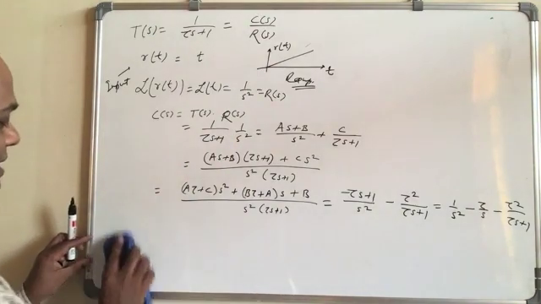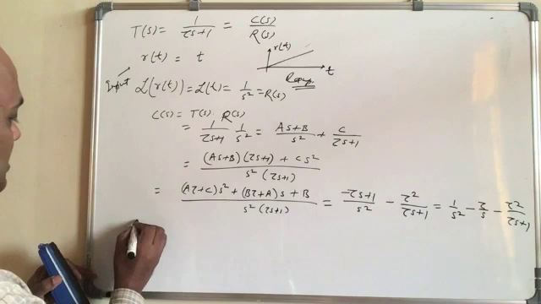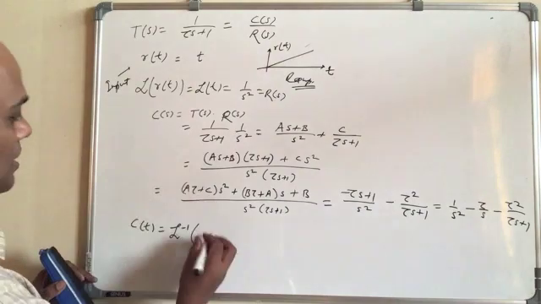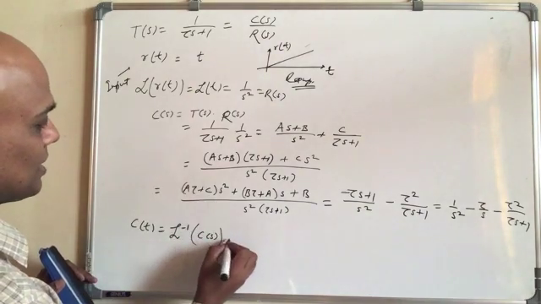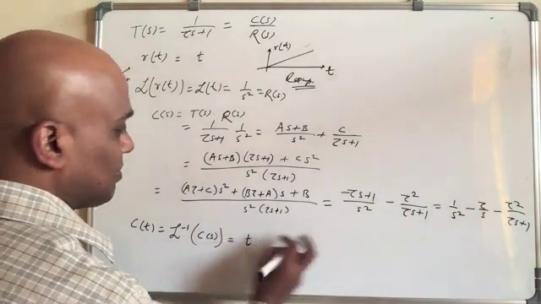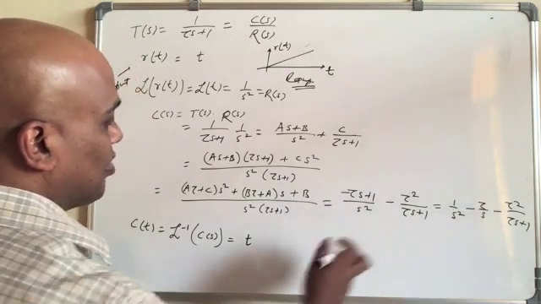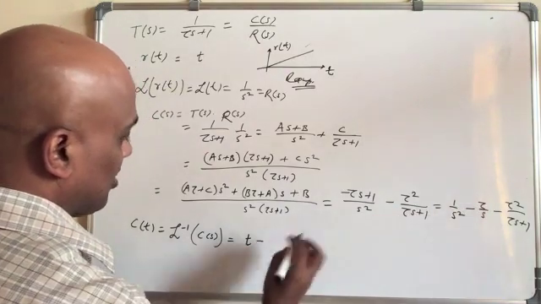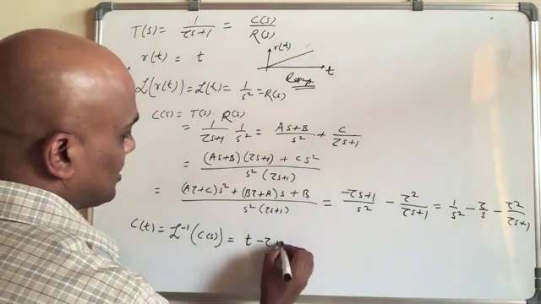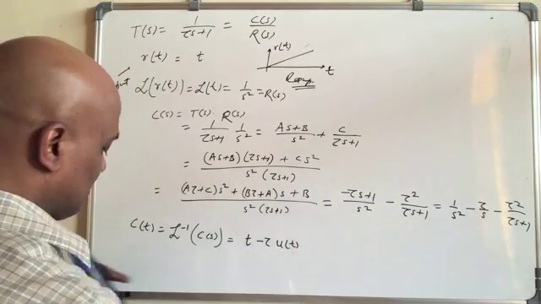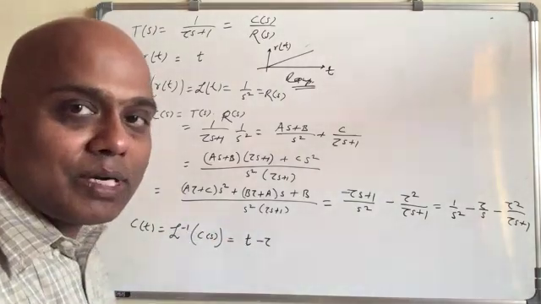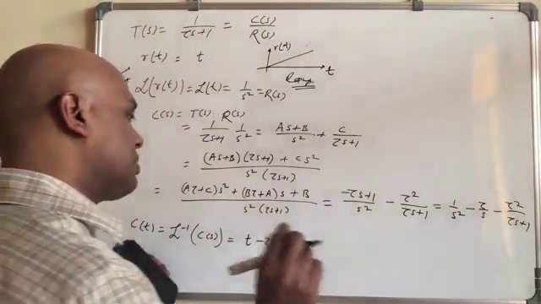Now ct is the inverse Laplace transform of Cs. 1 over s square comes back to the t term. Then we have minus tau over s; 1 over s is nothing but the unit step, which we can replace with 1 because all these values are for t greater than or equal to 0.